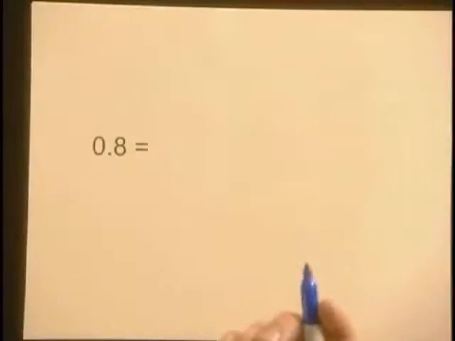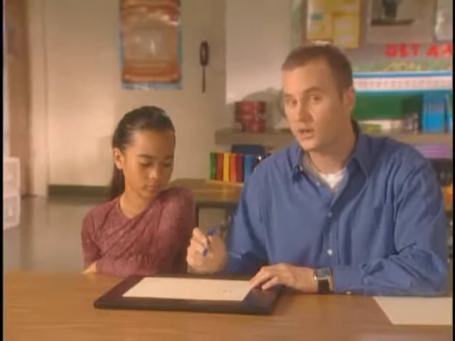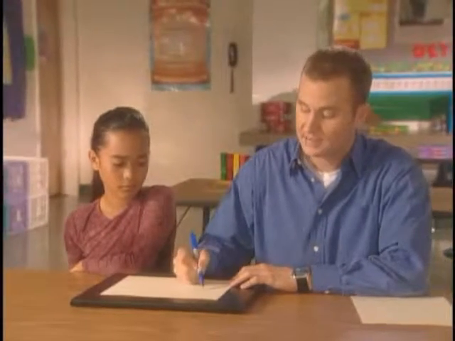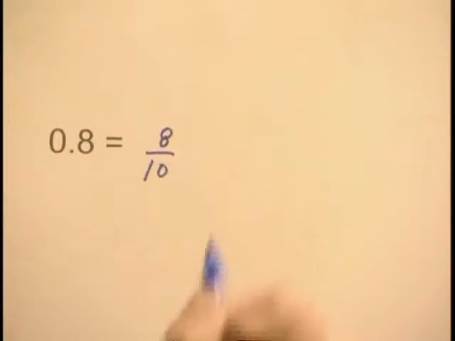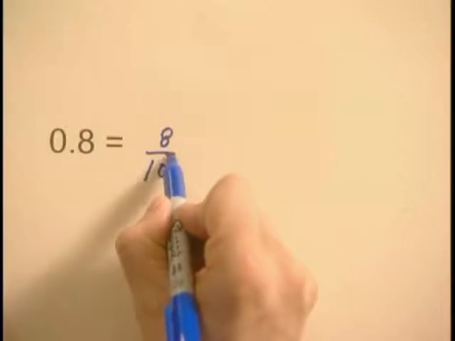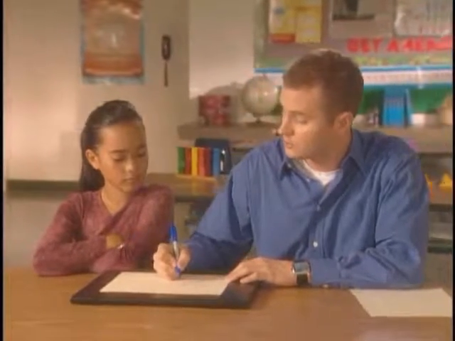Now, let's turn a decimal into a fraction. Look at this. We've got 0.8, or 8 tenths. We already know that decimals and fractions are very closely related. 8 tenths, the decimal, can also be written as 8 tenths, the fraction. They've got the same name. That makes sense, right? Mm-hmm. But you and I both know that 8 and 10 are even numbers, so we can simplify them, because 2 goes into both of them, right?